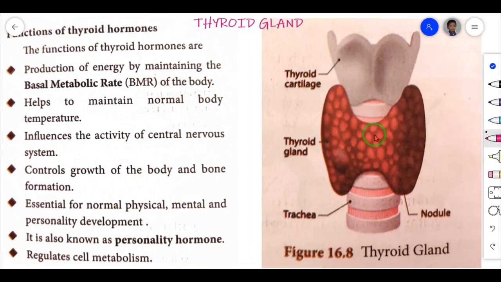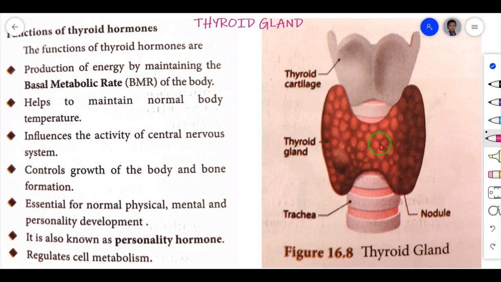These 2 are involved in the formation of thyroid hormone. So what are the 2 involved in the formation of thyroid hormone? Tyrosine and iodine.